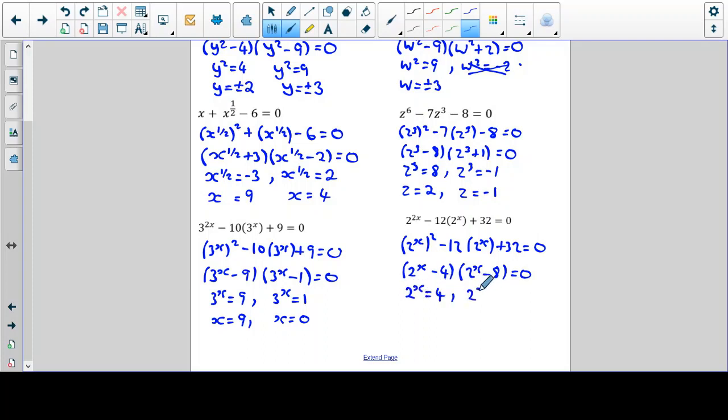So 2 to the power of x has to be 4 or 8. And again, we're asking what power would you put on a 2 to give you 4? Well, you'd square it. And what power would you put on a 2 to give you 8? You would cube it.